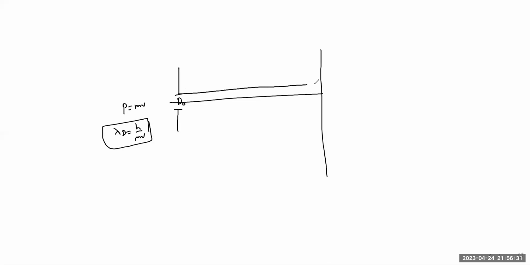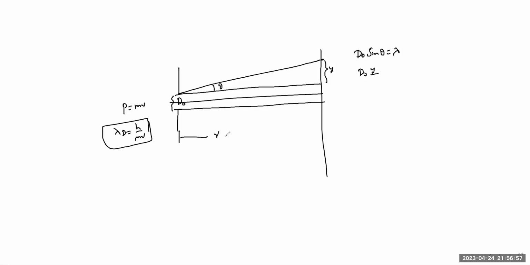Now, the first minima will occur at angle theta such that d naught sine theta equals lambda. You can say sine theta is y by this separation. What is the separation? L, capital L. So y becomes lambda L by d naught.